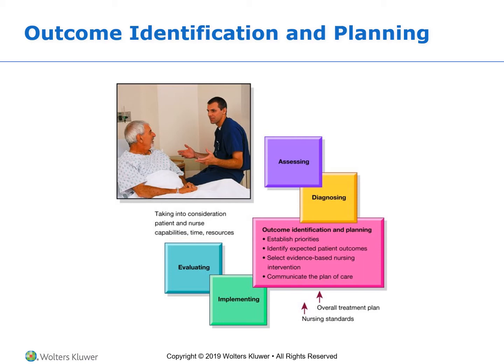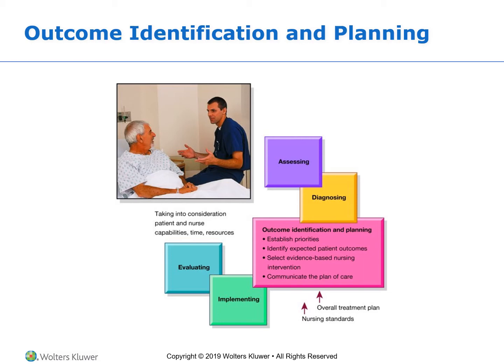Now, it sounds kind of complicated when we say we're going to put all this into a nursing care plan, but you actually engage in this informal planning during practice all the time. This is the link that we have between when we identify a patient's strength or a problem, and then we provide a nursing response to that problem.